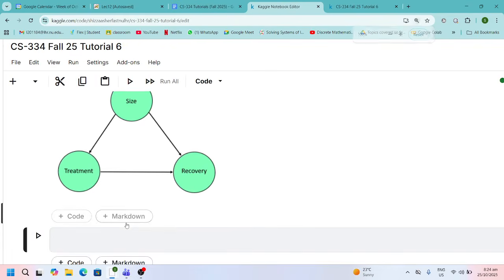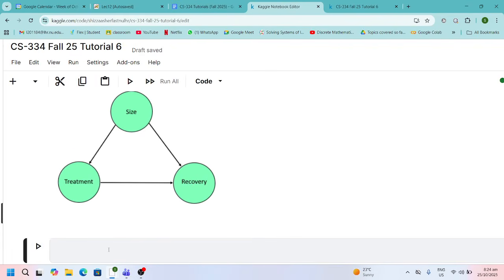In order to find the treatment effect over here, you will have to control for your confounder. This is how I will do it. I will find the probability of recovery given that my treatment is equal to A, and then I will find the probability of recovery given that my treatment equals B, while controlling for size.